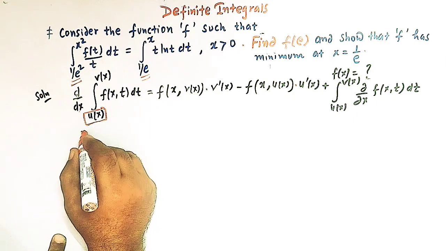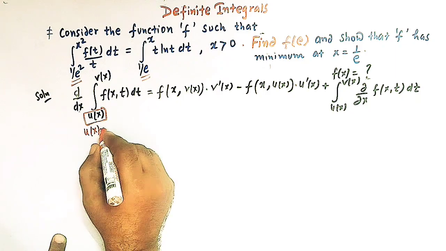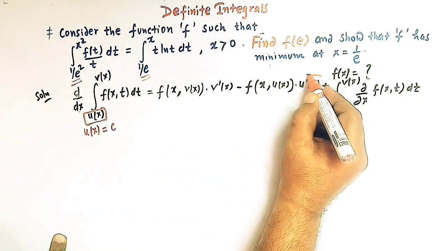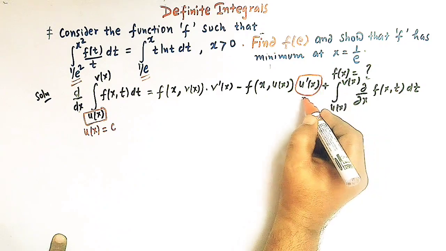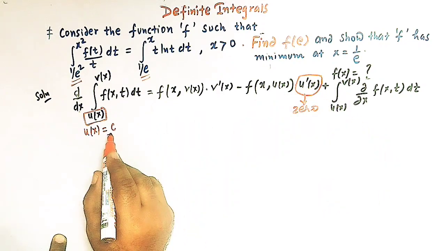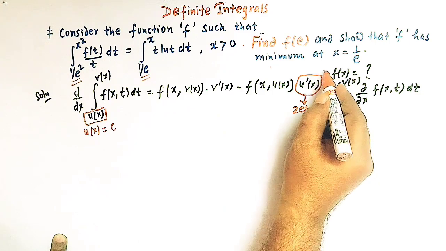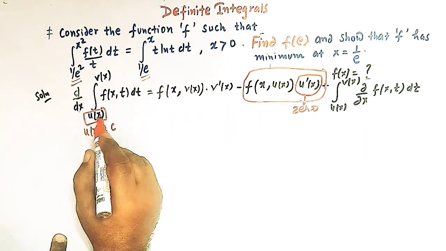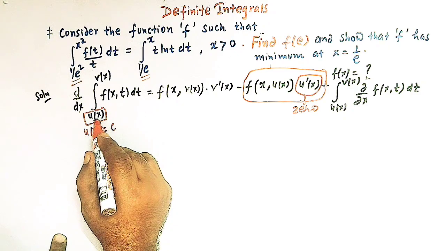So when u of x is a constant, say c, then we can see that this term is going to be 0, right? Because the derivative of a constant is 0. So this entire term is 0 when the lower limit is a constant, right?